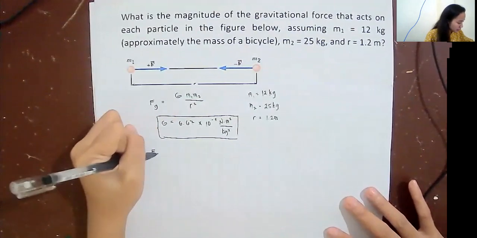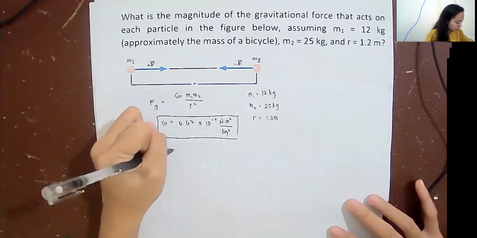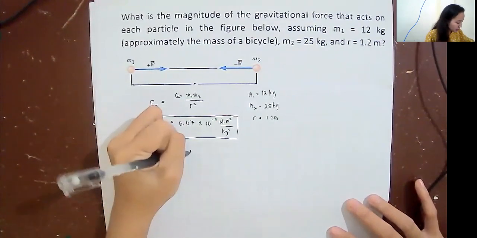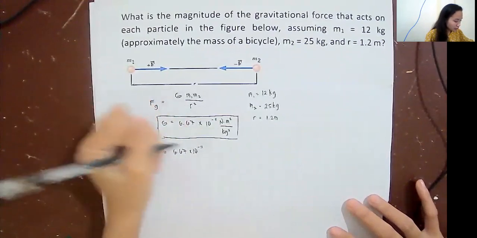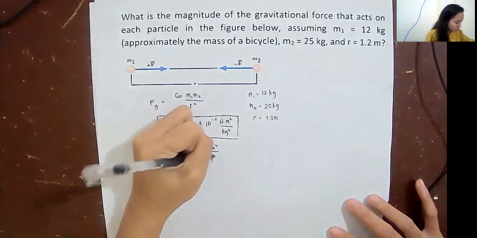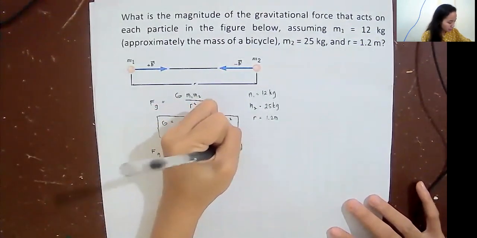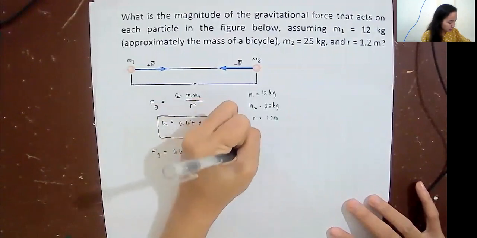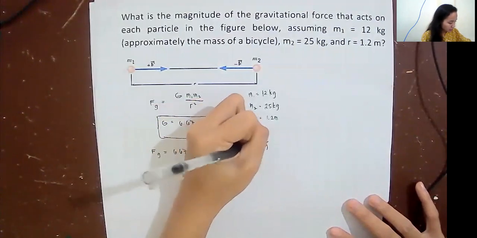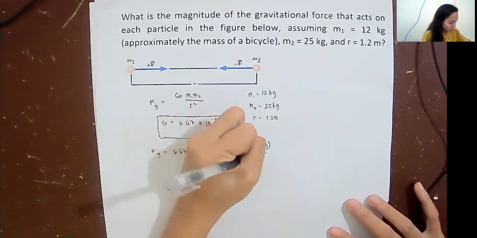So your gravitational force F is now equivalent to 6.67 times 10 negative 11 Newton meter squared over kg squared, multiplied by 12 kilograms times 25 kilograms over 1.2 meters squared.